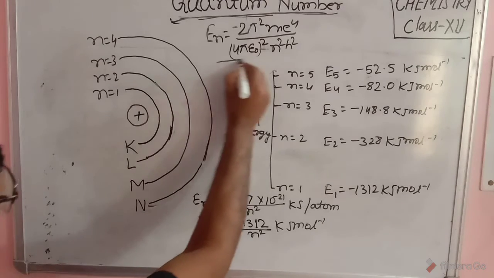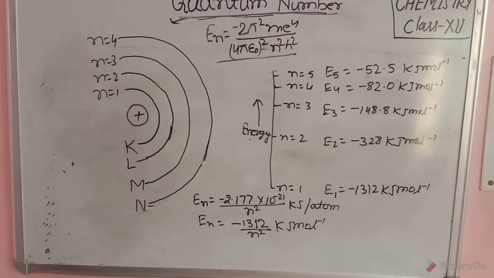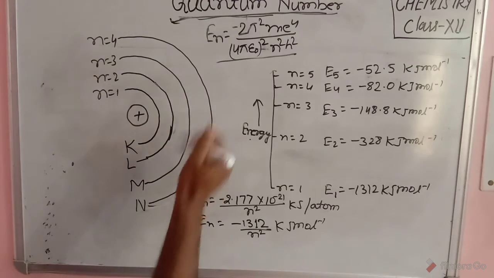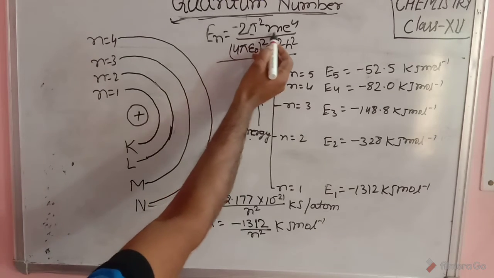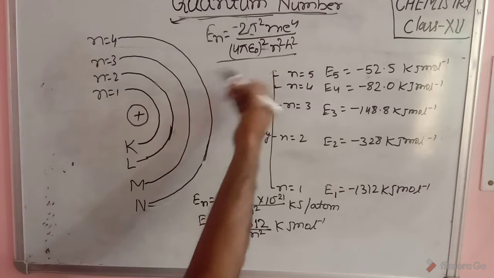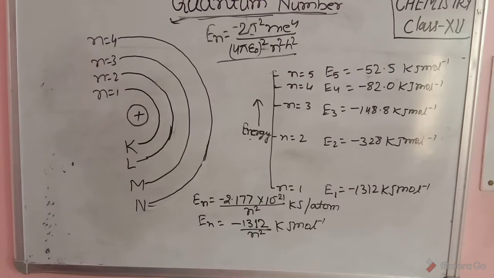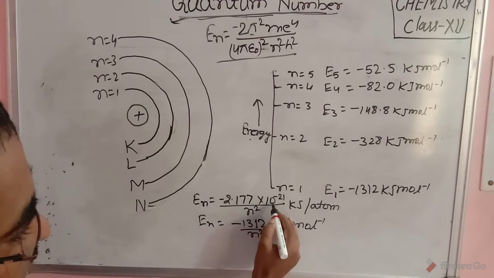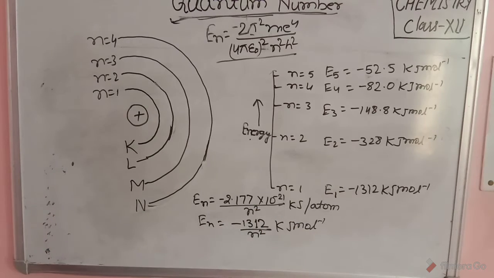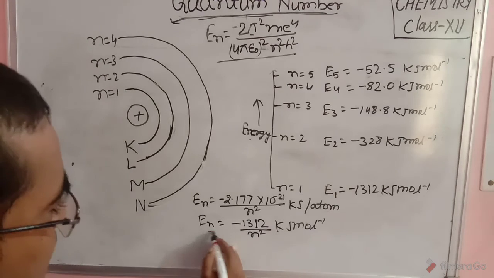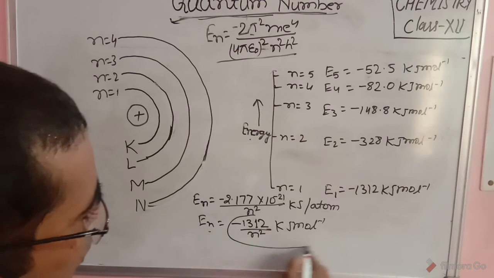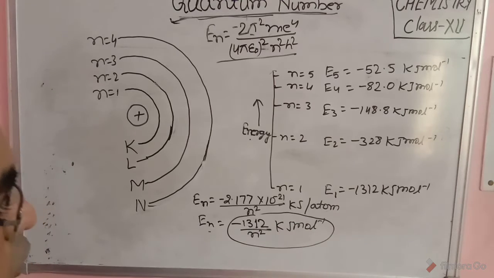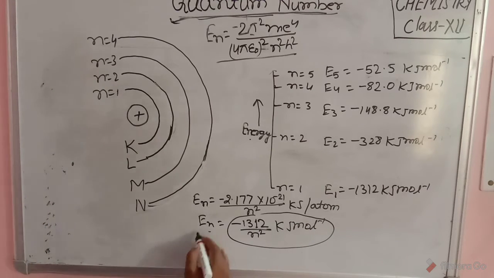In this formula, if you put the values of pi, m, e, 4 pi epsilon naught and h, you will get En is equal to minus 2.177 into 10 to the power minus 21 by n square kilojoule per atom, or in mole, it is minus 1312 by n square kilojoule per mole. It's a very important formula.